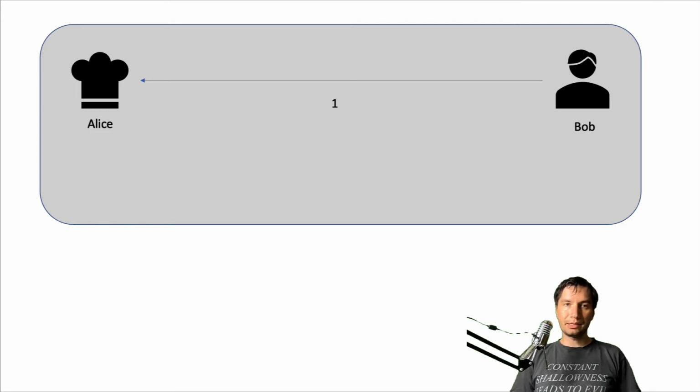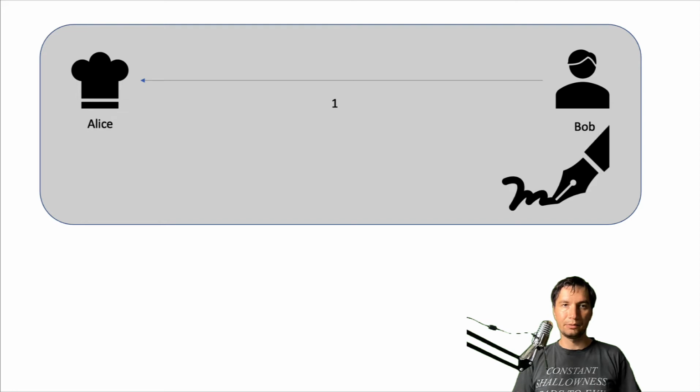So with an on-chain transaction, Bob needs to have some Bitcoin, in this case, 1 Bitcoin, and Bob wants to send it to Alice. So Bob knows Alice's address. He creates the transaction, which means he first has to sign the transaction saying that the Bitcoin that belongs to Bob is now being sent to Alice.